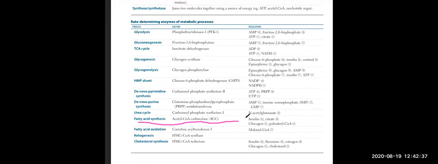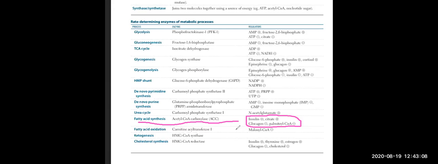Okay, now if we see the regulators at this level, I have yesterday told you that insulin and glucagon work opposite. Glucagon is always secreted when we have a low level of glucose, and insulin is secreted when we have a high level of glucose, because insulin controls our glucose levels in the blood and lowers it down.